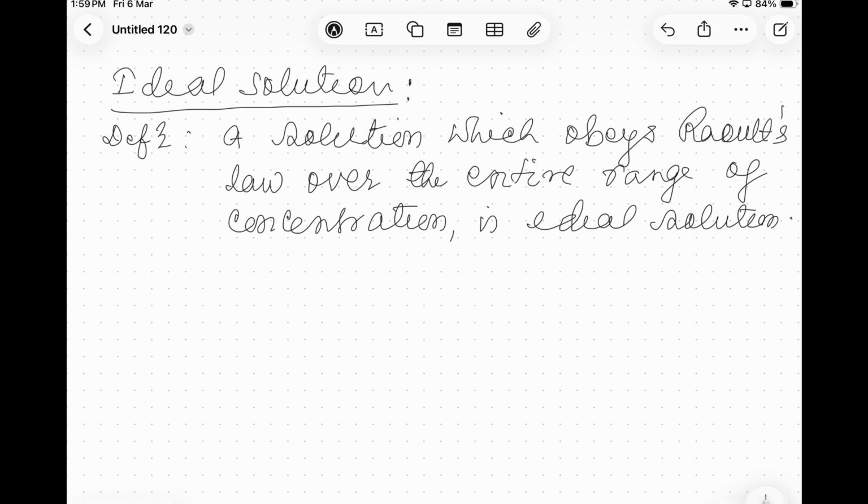In such solution, interaction between molecules are uniform. So conditions for ideal solution.